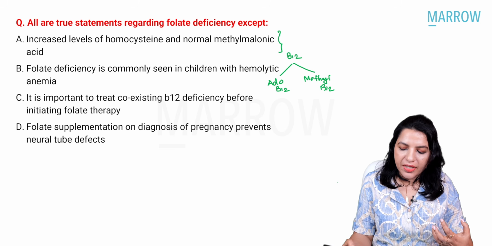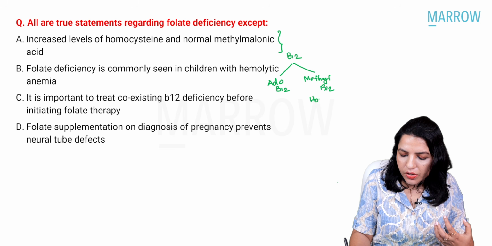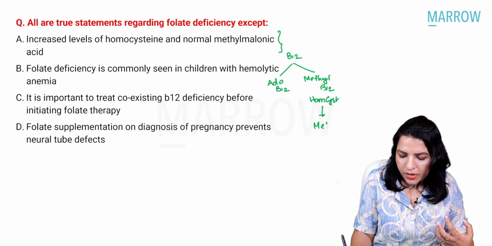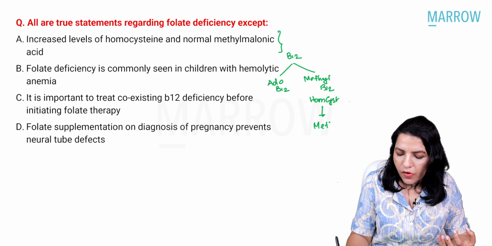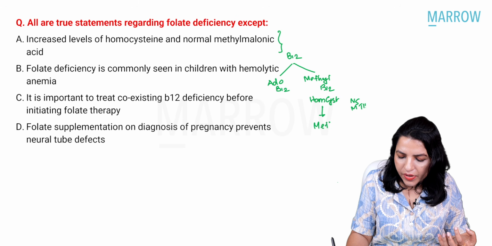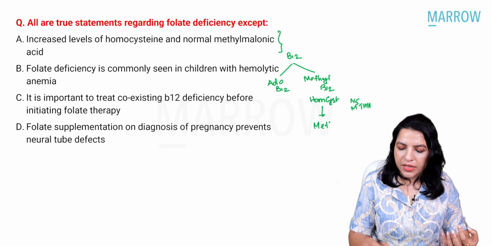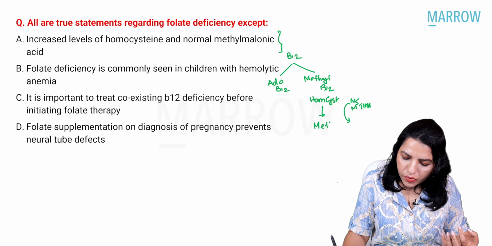What is the role of methyl B12? It is the conversion of homocysteine to methionine. During this conversion, the donor of the methyl group is N5-methyl THFA, which is converted to free THFA.